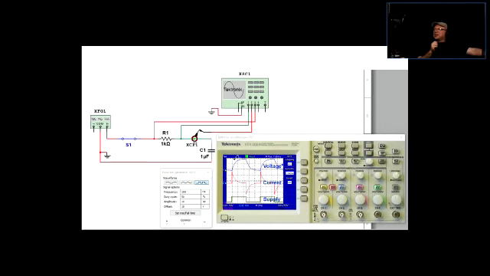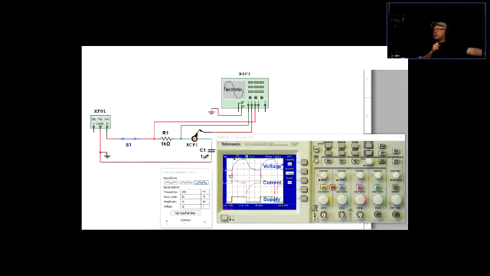I don't know if you know, guys, but you can actually measure current in Multisim, and you can hook it up with the scope. All you have to do is grab a component called a current probe. It's in the components list, and you hook that up, and you can see the current characteristics.